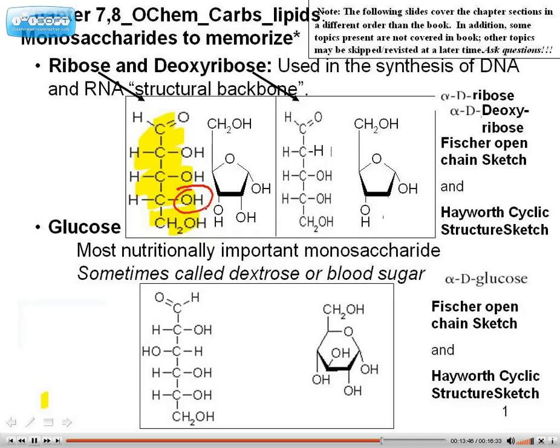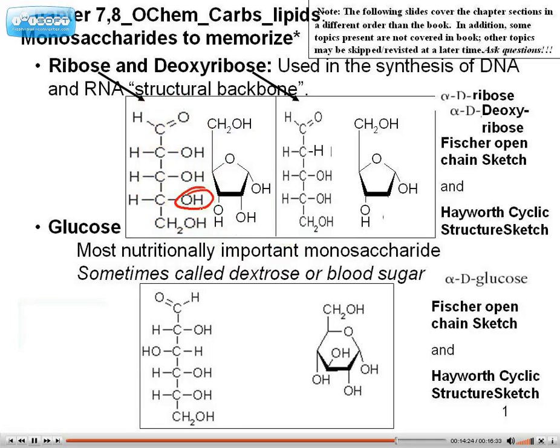And again, this does occur in your cell. Basically, these open chains are actually very easy for the body to break down for energy. However, there are times when the body doesn't want to break it down for energy, it wants to store it. So, in this case over here, this heterocyclic form of the sugar is used to store the sugar molecule to be used for energy at a later time.